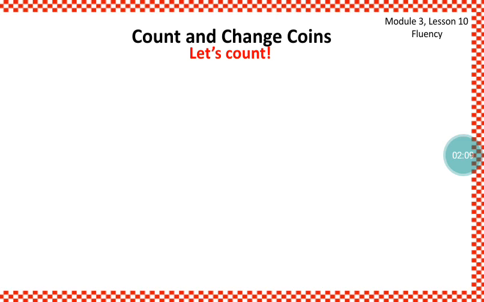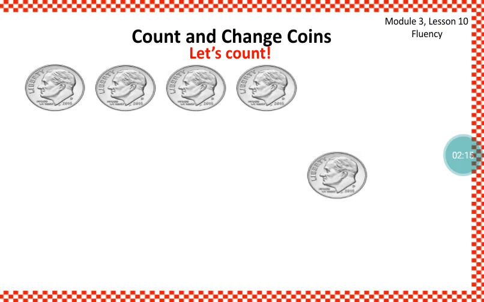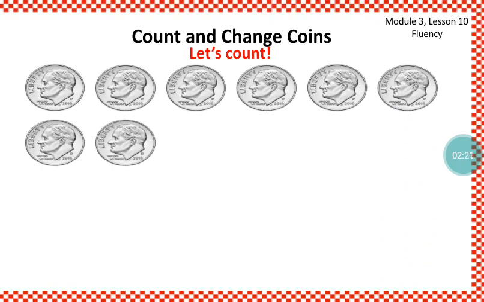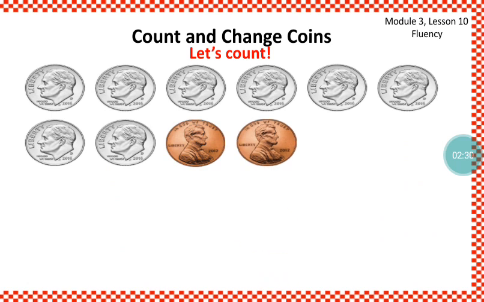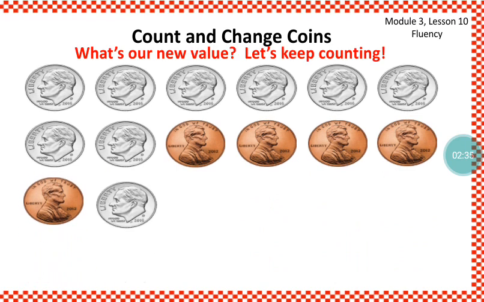Let's count. 10, 20, 30, 40, 50, 60, 70, 80. Here is 1 penny, and I said our penny should be what? Ones. So it will be 81, 82, 83, 84, 85, up to 95.